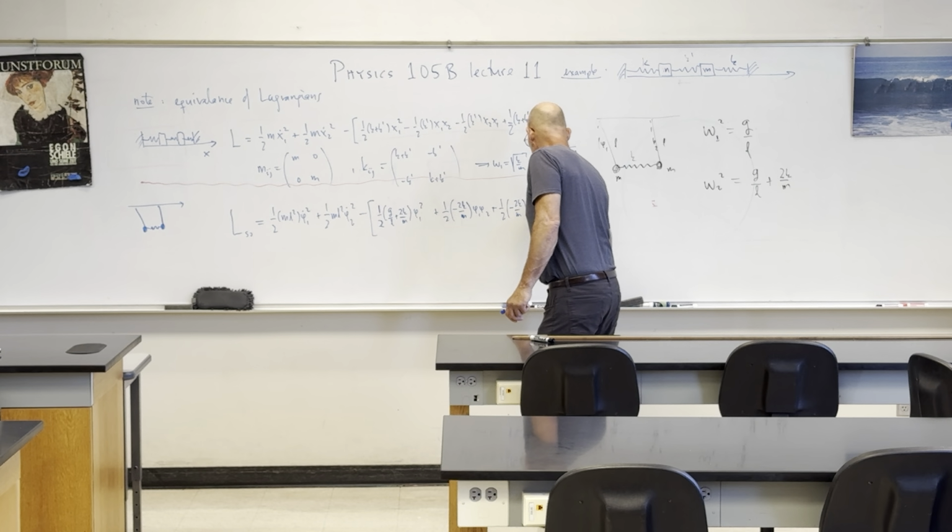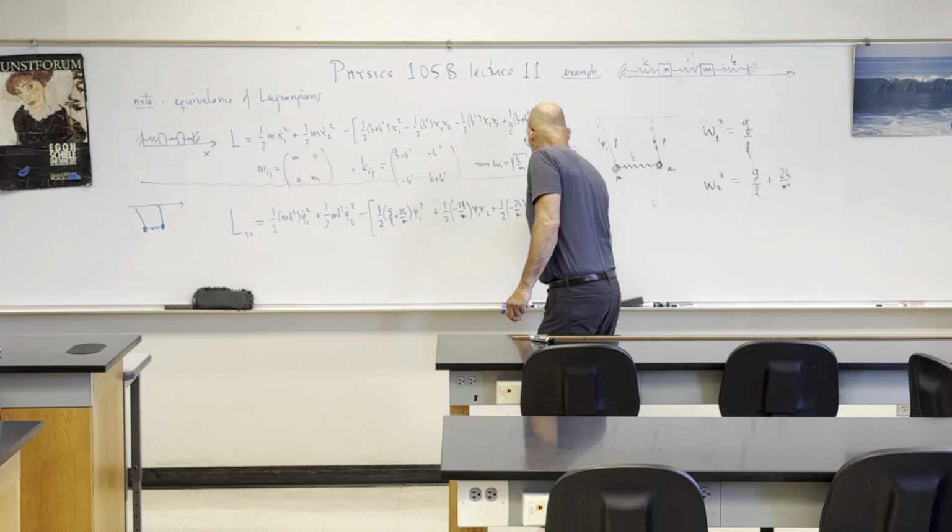Is that what we had there? No, I don't think so. What do we have? We had KL squared plus MGL times theta 1. Because you don't get the 2K over M and all that until you do the matrix of omega squared. So remind me what we had.